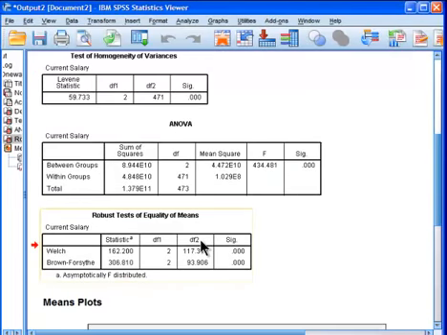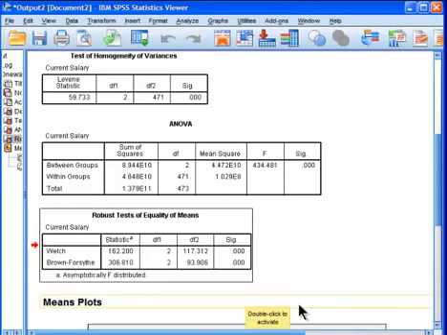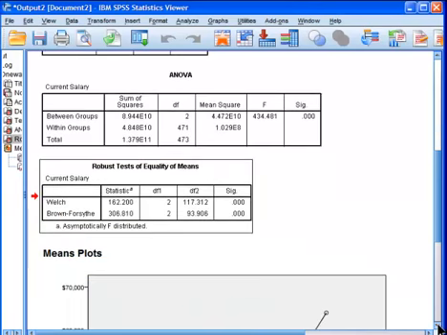And that's why it's important to look at the robust tests of equality of means, of which SPSS in this option gives you 2. We can look at Welch's and we can look at Brown-Forsythe's tests, and they're slightly different approaches.